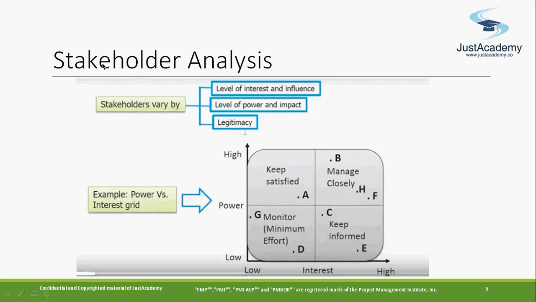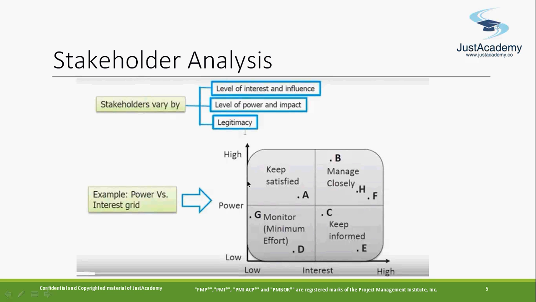That's called stakeholder analysis. Let's take an example, the power versus interest grid. Before that, stakeholders vary by their level of interest and influence. You need to understand who the stakeholders are and what their level of interest in the project is. For example, a project sponsor has a high level of interest, and he can influence your project.